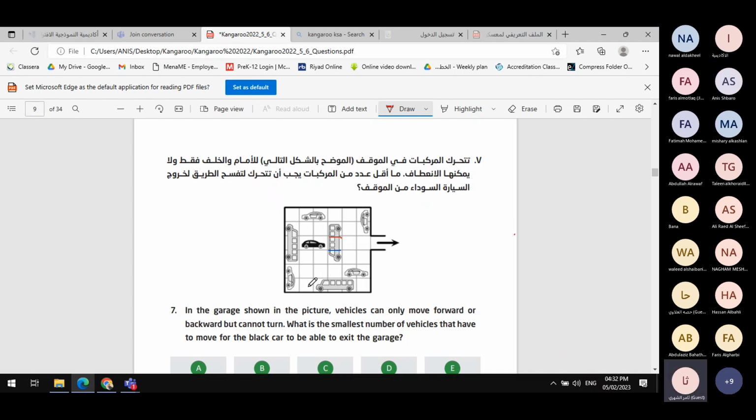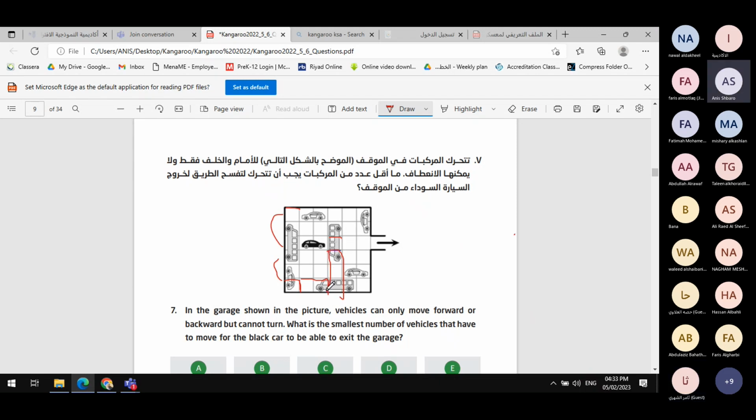Then the bus over the small car on the top will go up, so the small car will go up 1 unit. Then the bus is free and will go into a spot. So 1, 2, 3 units, great. And then the bus that was in front of the car goes all the way down, and then the black car can go out of the garage.